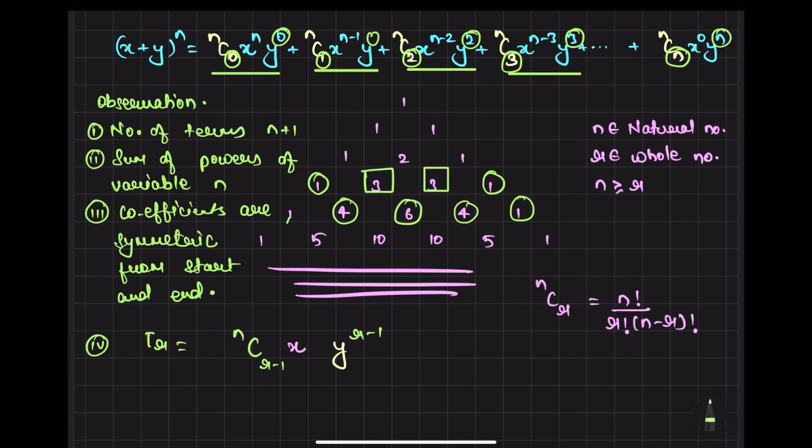Right now I don't know what will be the power of x. I'm assuming x power will be z. So z plus r minus 1. I am adding power of x and power of y, and it should come out to be n. So z will be what? N minus r plus 1. So if you add, you will have n. Okay, so this is the rth term.